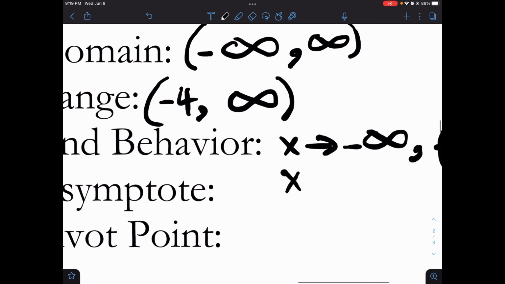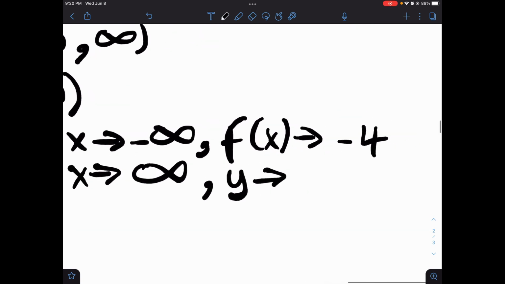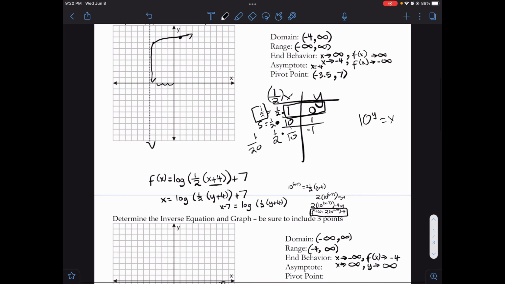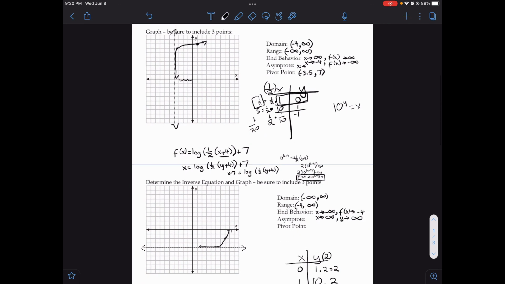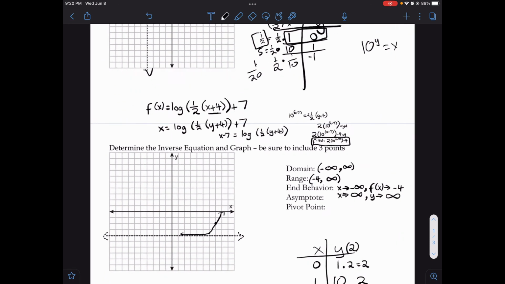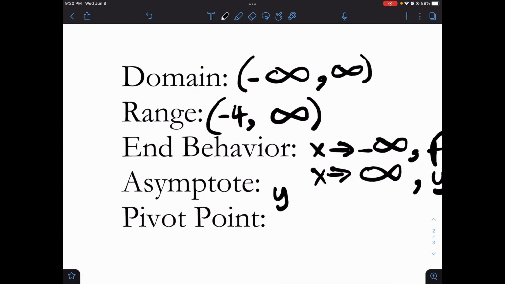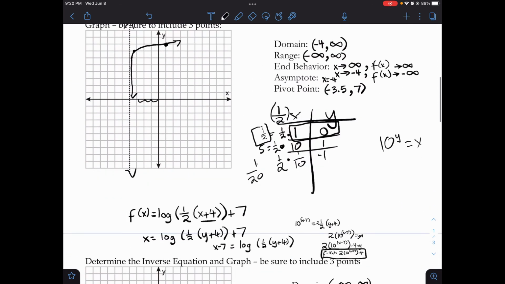And as x reaches positive infinity, y will be reaching positive infinity. And they have flipped as well. And our asymptote is going to be at y is equal to -4. Correct.